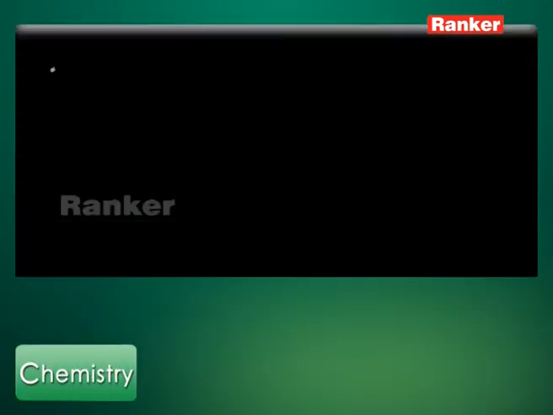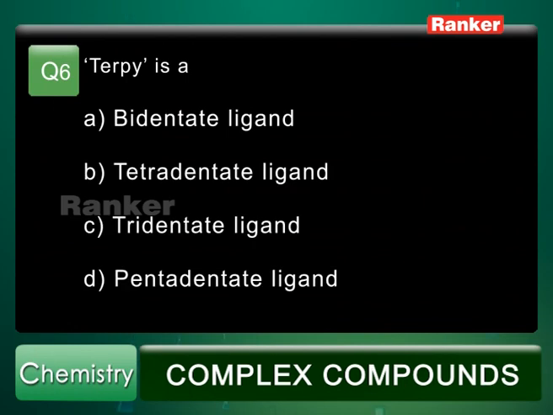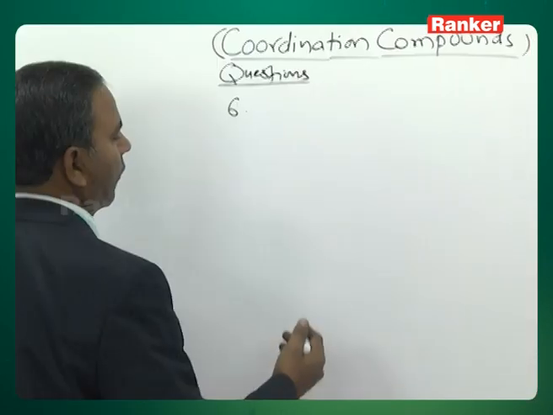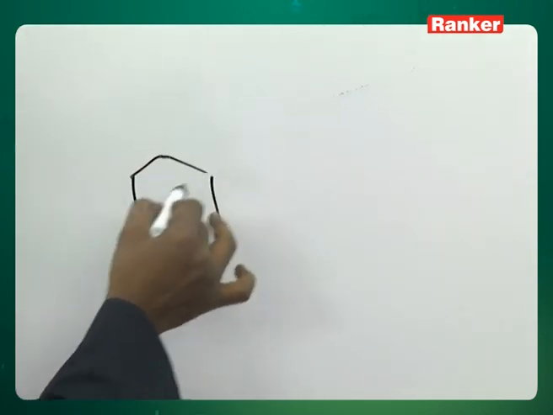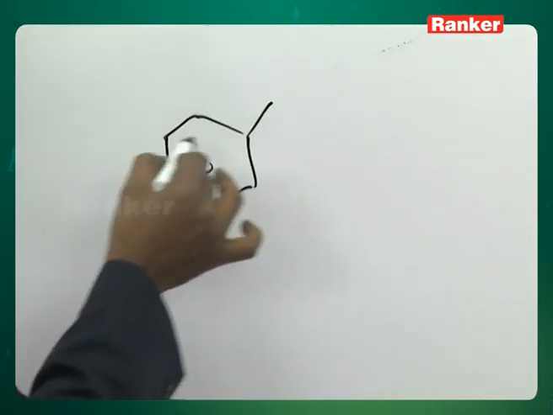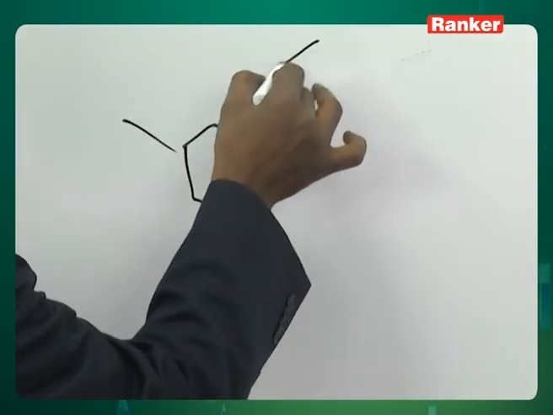Terpy is a bidentate ligand, tetradentate ligand, tridentate ligand, or pentadentate ligand? What is terpy? Terpy you should know. This is terpy: 3 pyridines fused together.